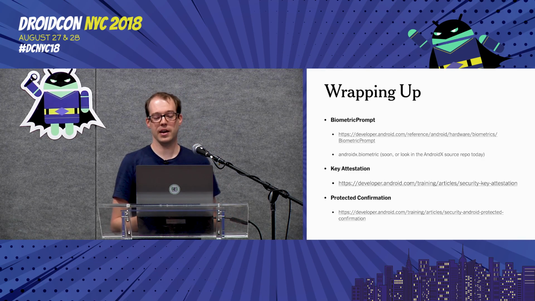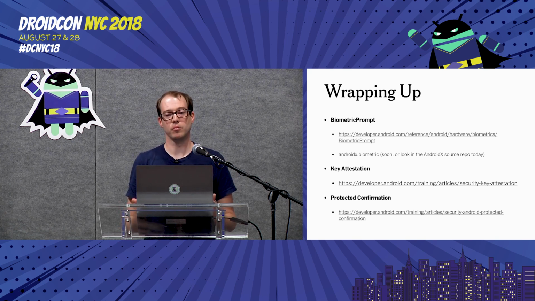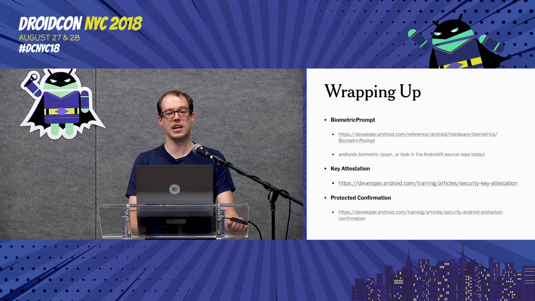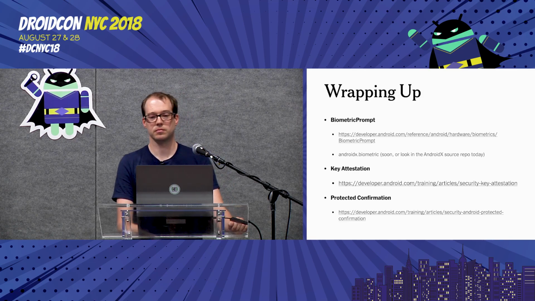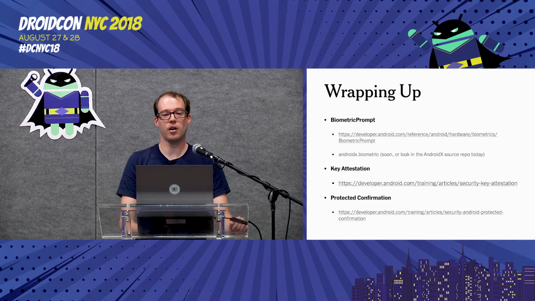You can also check out the AndroidX source repo for what the compat lib looks like. It's actually really cool to check out the AndroidX source anyway for what's going on in the support lib. There's also a training doc on key attestation, and that includes the full schema for how to parse out that ASN.1 structure. And then there are also some resources on protected confirmation on the Android dev site training page.